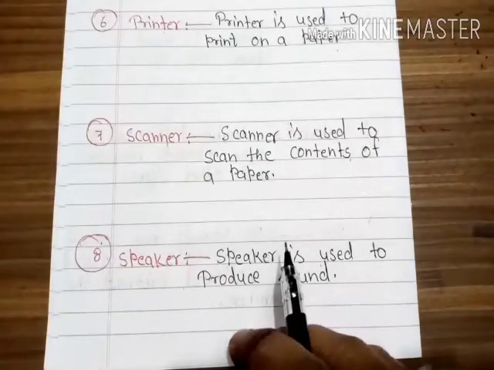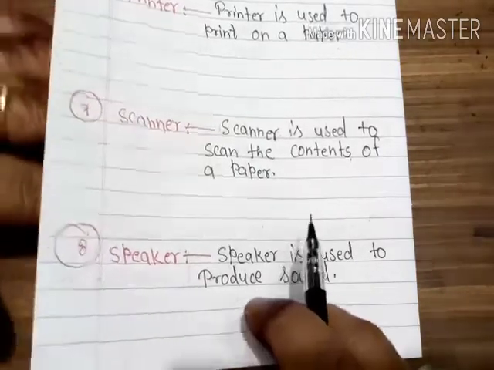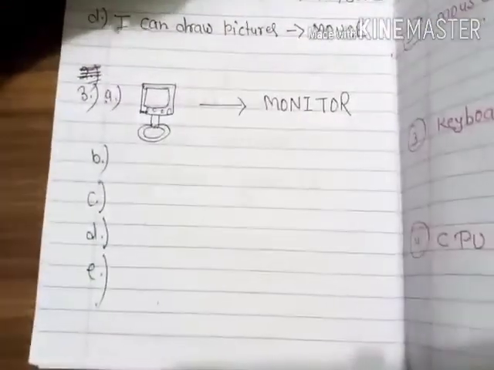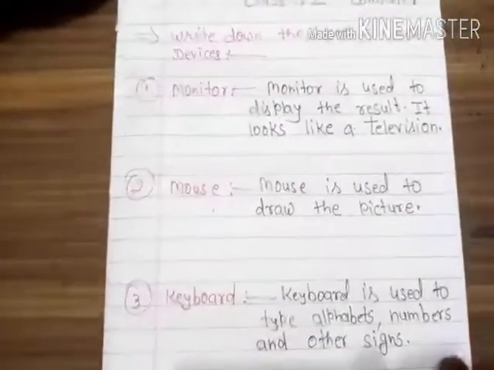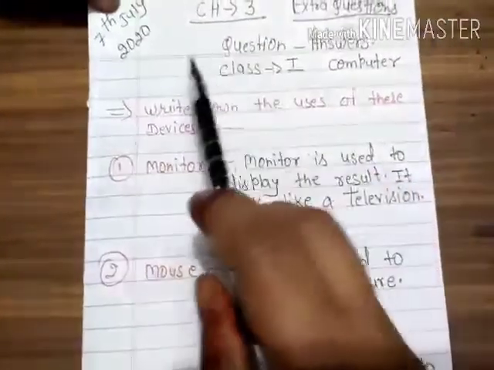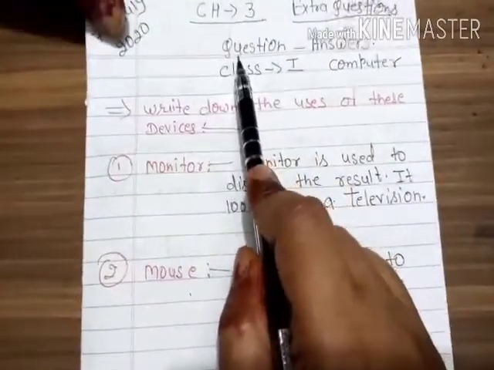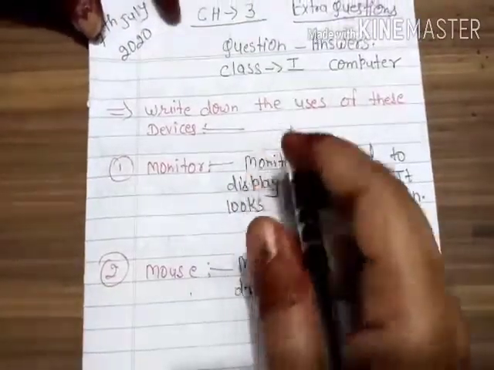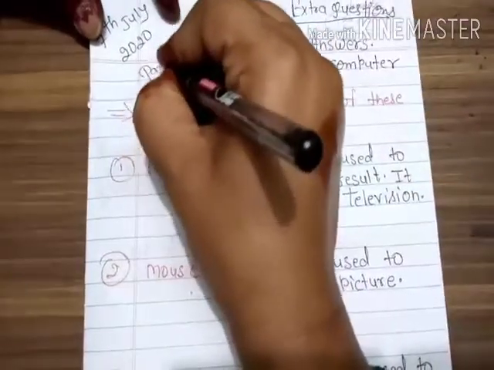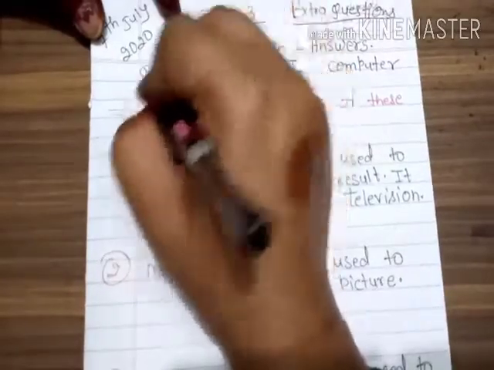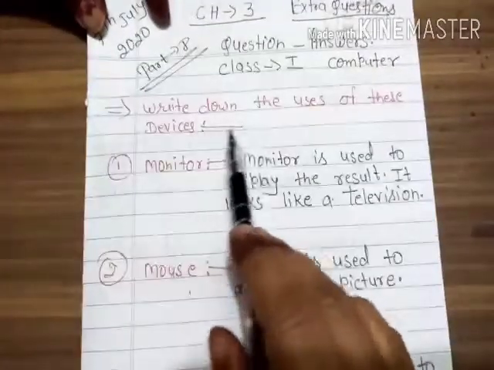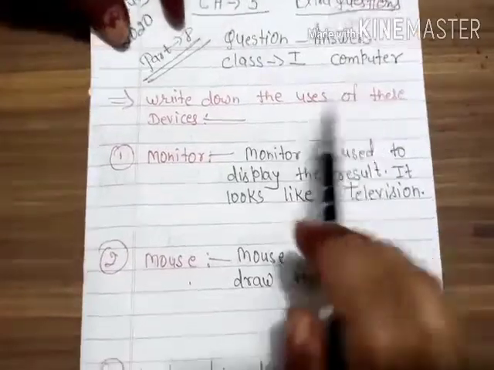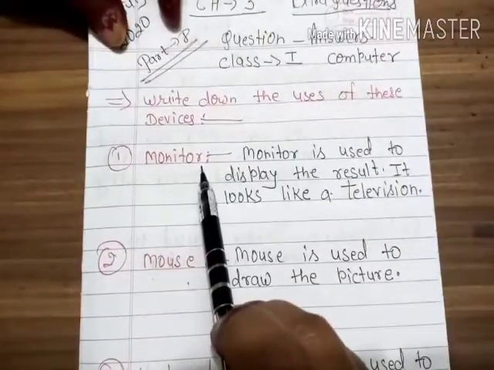These are the extra questions from 1st to 8. I am going to remind you of them again. In the previous video, my part 8 video, write down the uses of these devices. First one is monitor.